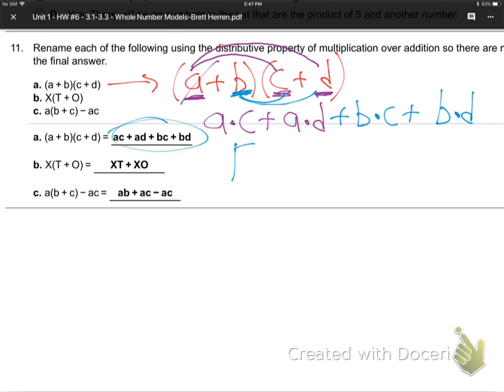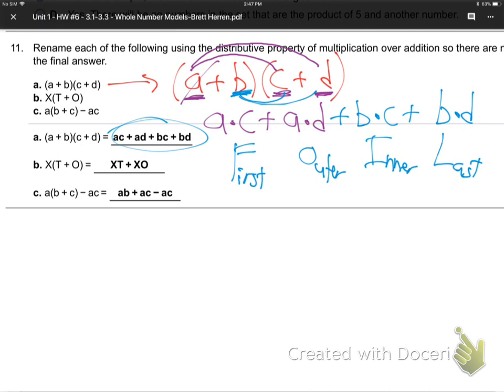Now, some people write that as FOIL, which is totally fine. FOIL stands for what? First, outer, inner, last. That's a nice way to remember it. First, outer, inner, last, which means the first one in this parenthesis times the first one in that parenthesis, that's what we did. Outer means the 2 outside guys, A times D, that's what we did.